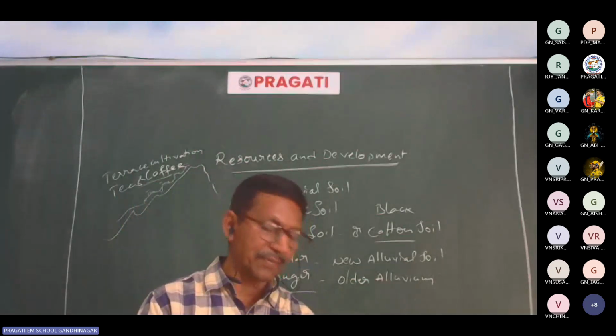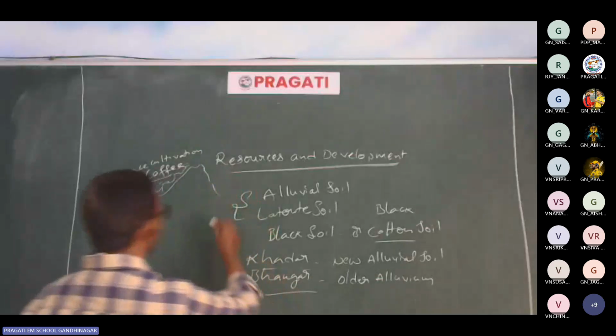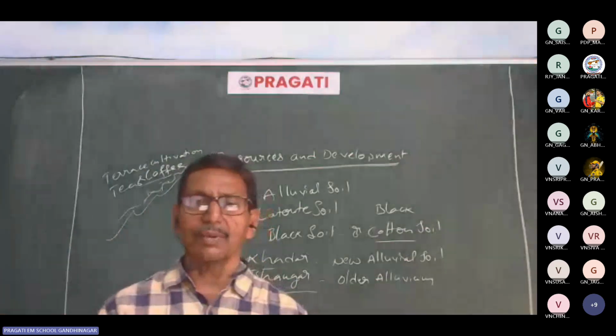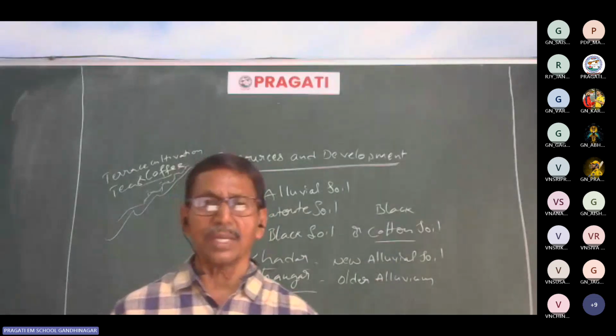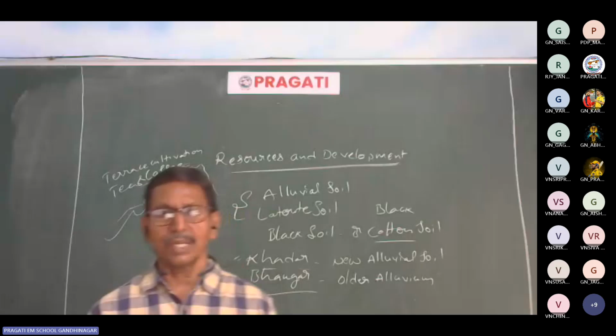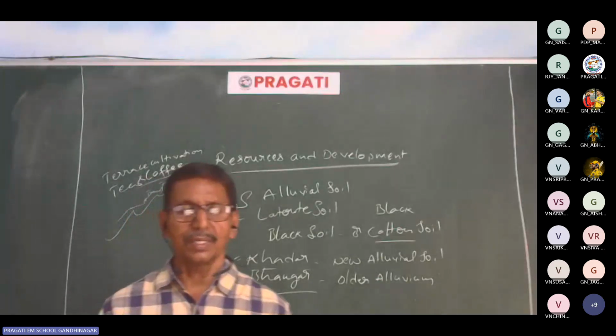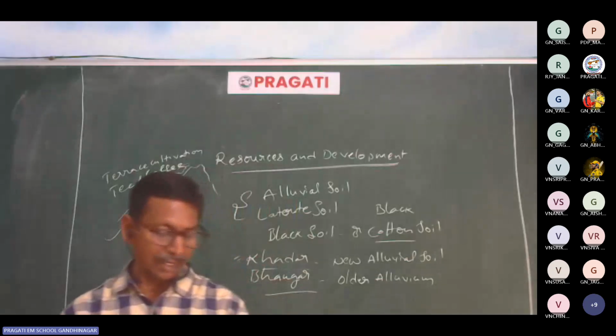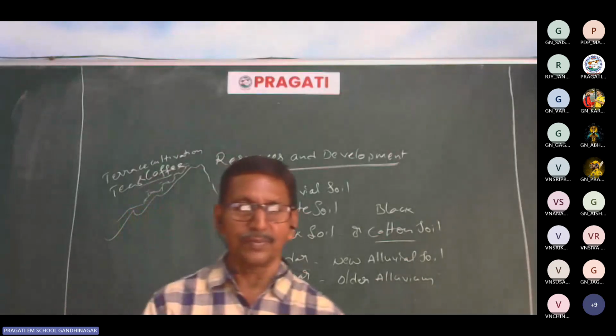Wherever alluvial soils are found, they are especially found in the Ganga and Yamuna river valleys, as well as in coastal areas. Alluvial soils are formed in the Krishna Godavari deltas. Along the river courses we can find these alluvial soils.